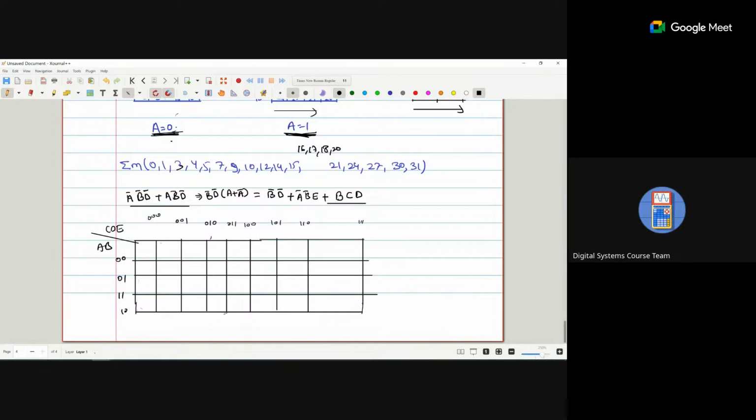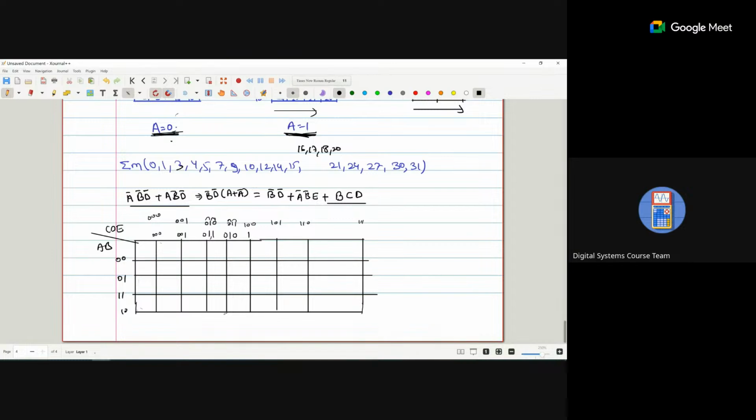But we have to represent them in gray code. So for 0 0 0, the gray code is the same. For 0 0 1, the gray code is the same. For 0 1 0, the MSB stays as it is, then the XOR of these two bits is 1, and the XOR of these two bits is also 1.